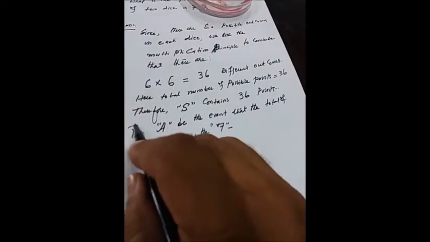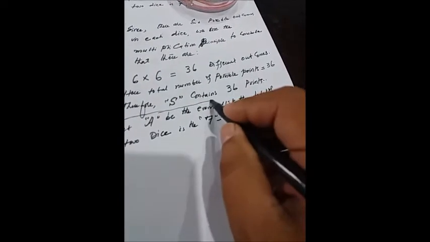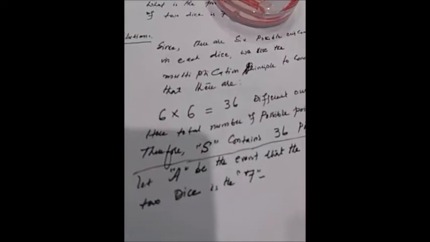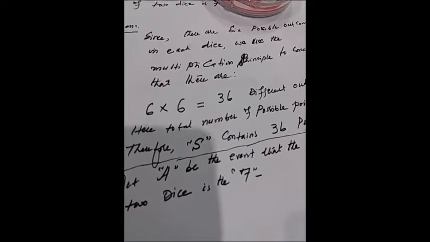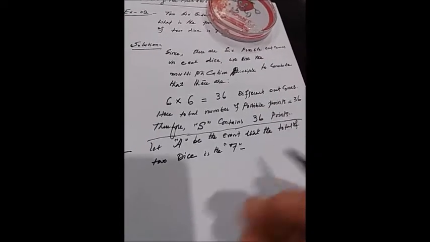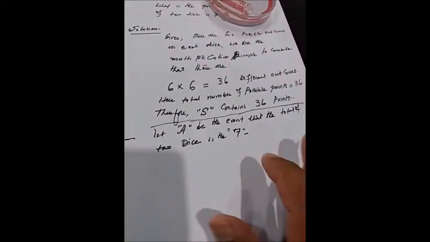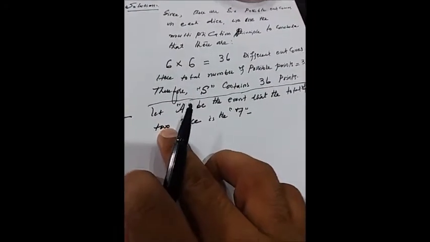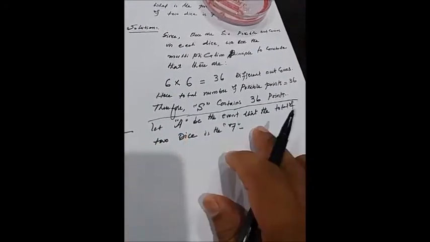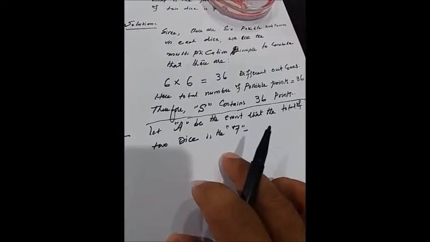What we have to find out is that the total of two dice is 7. How can the 7 happen? How can we get the outcome 7 when we are rolling the two six-sided cubic dice together? So this is basically the problem. Now we are making the event with the name A. Let A be the event that the total of two dice is 7.